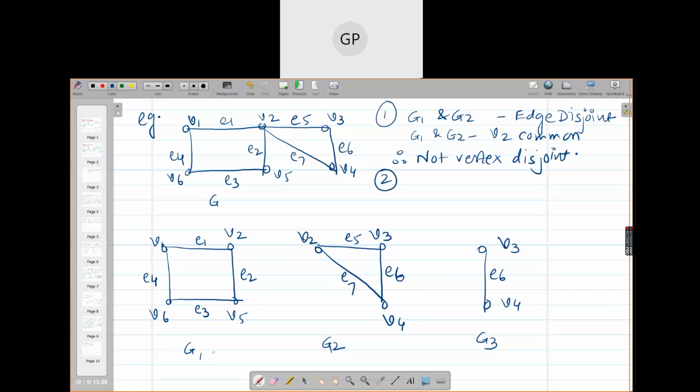Yes, ma'am. Now tell me about G1 and G3. Are they vertex disjoint? Are they edge disjoint? Yes. Are they vertex disjoint? Yes.